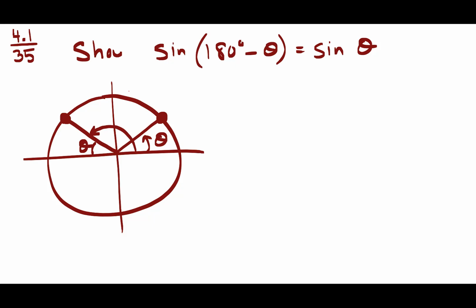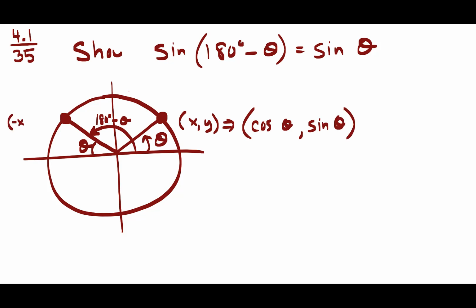So the angle measurement here is really 180 degrees minus theta. That's what that little point there is. So I got my two values. This is going to be x comma y. In quadrant 2, it's going to be the same exact height for y. So this translates into the cosine value for x and the sine value for y.